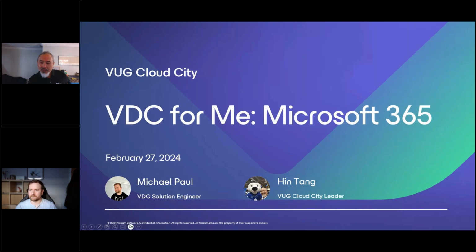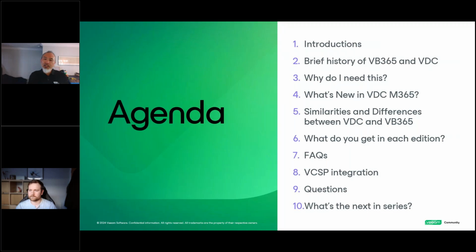So quickly we'll go over the agenda for today. We've gone over the introductions of Michael and myself. With this one, we're going to go through a brief history of the Veeam Backup for Microsoft 365 product and the evolution to this new VDC product. Then we'll go over why I need this.